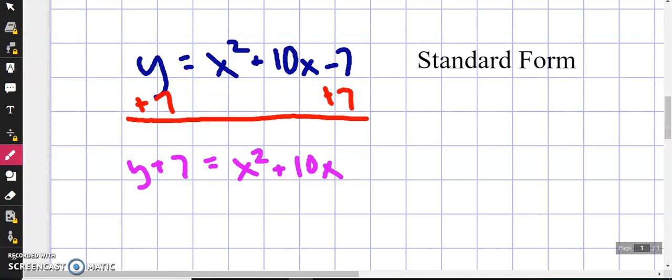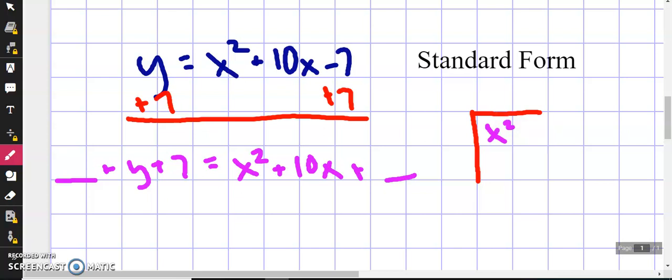What that means is I'm going to add a number to both sides of my equation so that the side with the x factors to a perfect square. To figure out what number I need, I'm going to take whatever's on the right side, that x squared plus 10x.